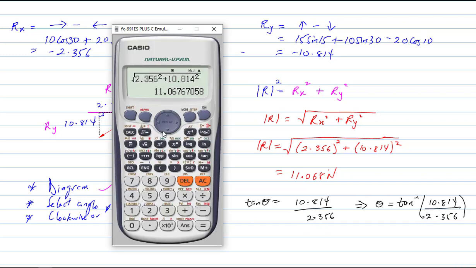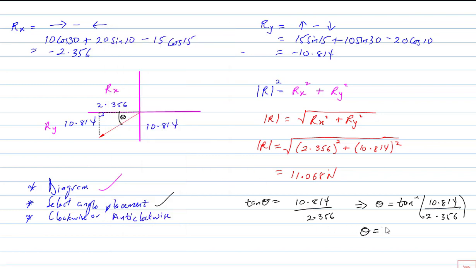Okay, so tan inverse of 10.814 divided by 2.356. We're getting the angle to be 77.71, so theta is basically 77.71 degrees. Now we need to describe the direction.